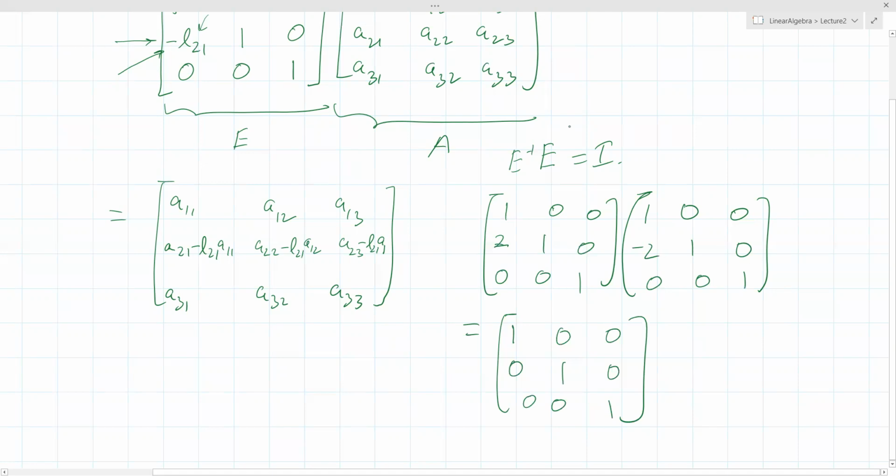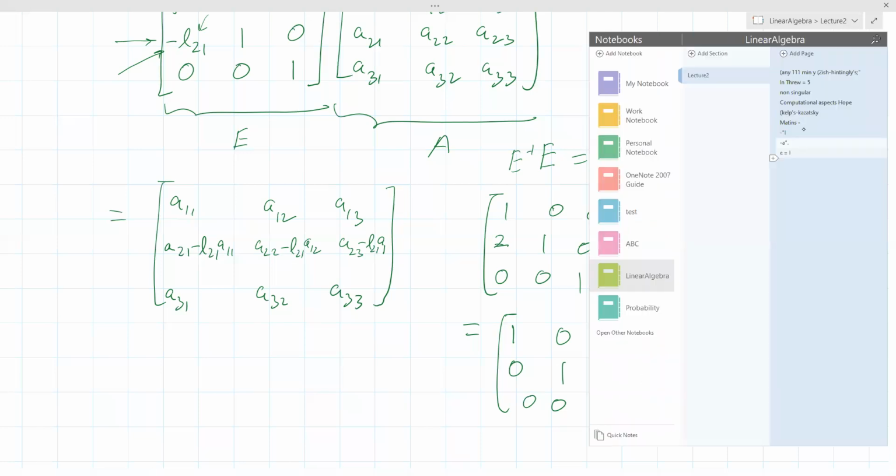So what was the E matrix doing? E was subtracting 2 times equation 1 from equation 2. Now I add 2 times equation 1 to equation 2, so it should be the inverse of E. Now let us go back.